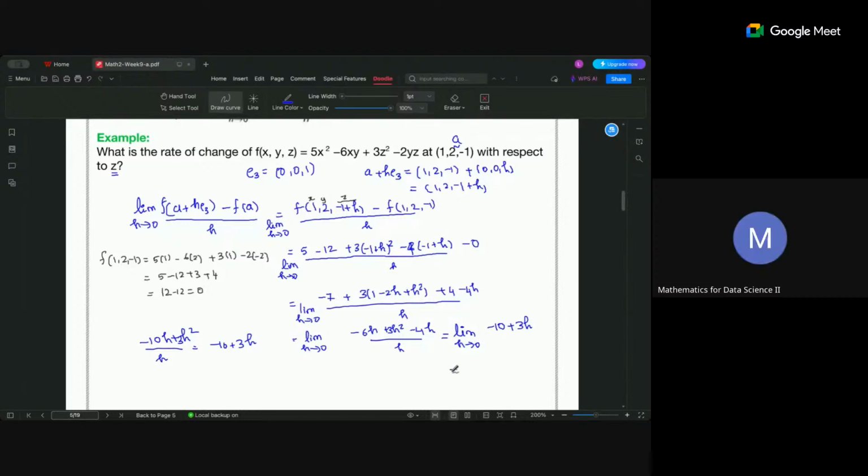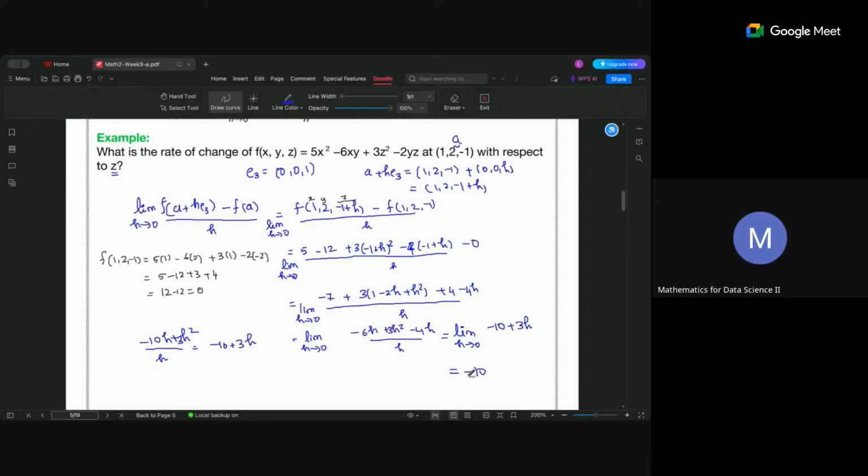Ma'am, in this case our result is in the vector space R, so we know how to calculate normal limits. But what if the vector is in some R2, R3? How will we calculate a limit there? Usually whatever we are studying, like rate of change, we are studying in this course particularly for scalar valued functions.